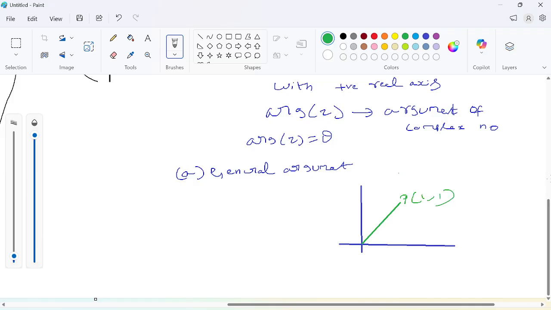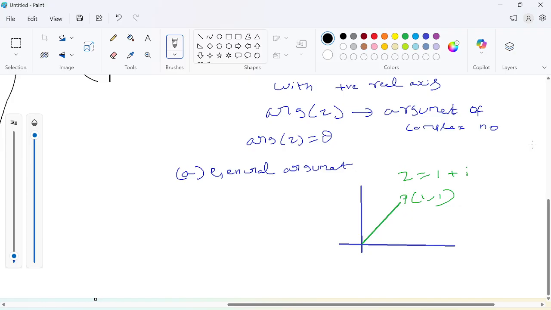So when I say (1, 1), z is equal to 1 plus i.